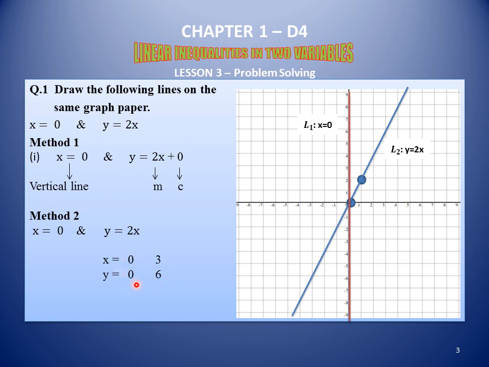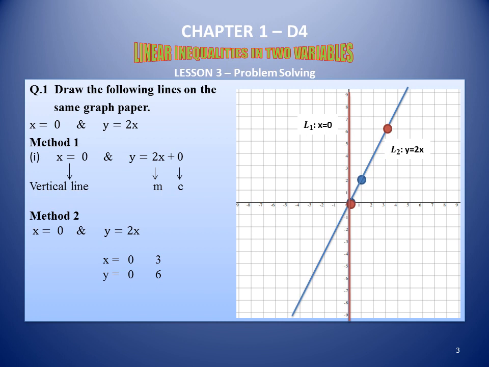First point is 0, 0. That is, when x is 0, y is 0. So at this point we will place a dot. Second point is 3, 6. When x is 3, y is 6. So at this point we will place a dot. Now joining these two brown dots, we will get the required line.